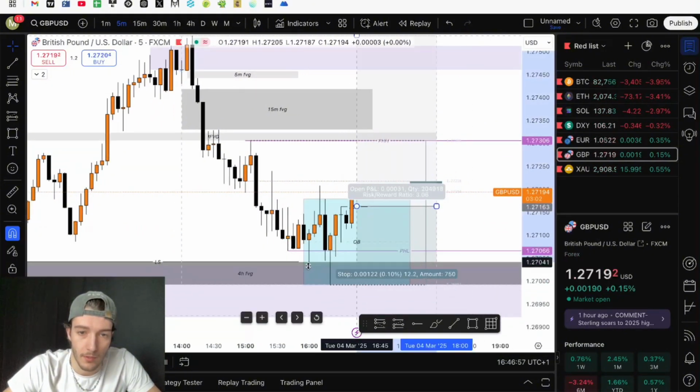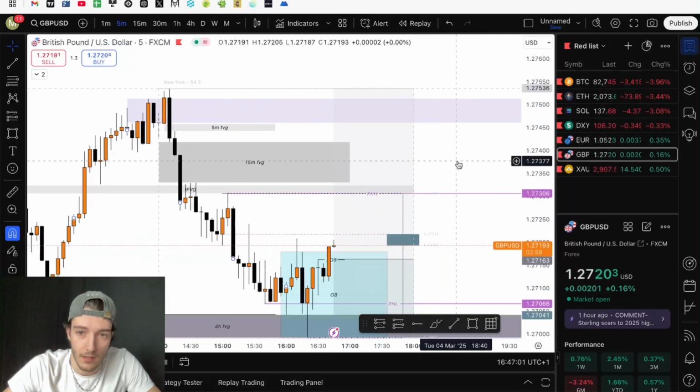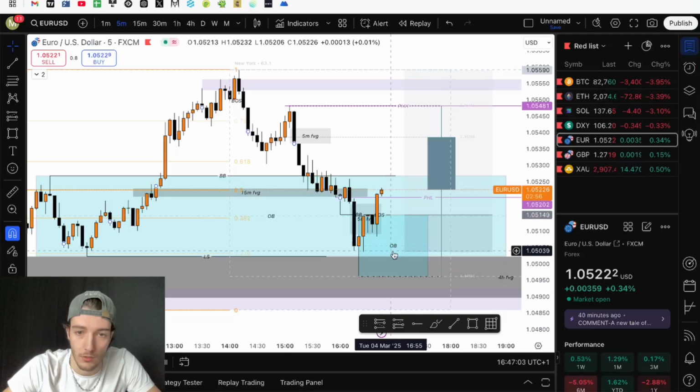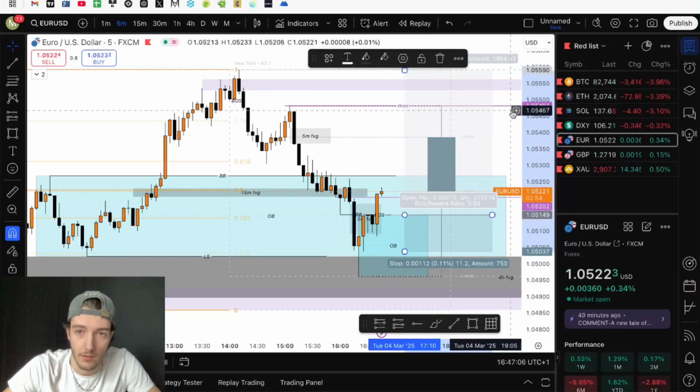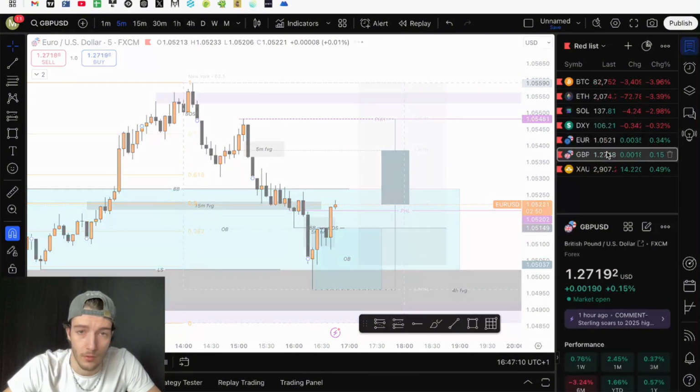If I would want to put my stop loss here, then we would have a slightly better risk reward ratio on GU, and no, actually euro has a much better risk reward, almost a 1 to 4.